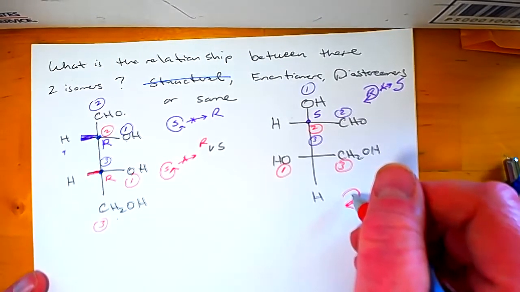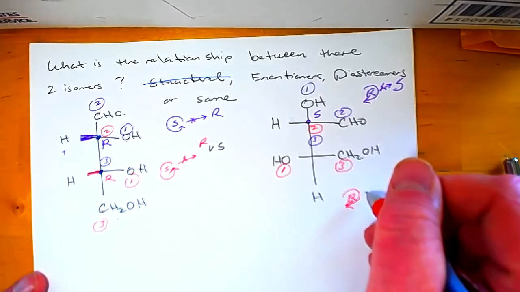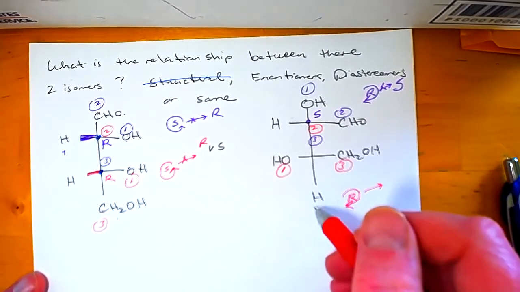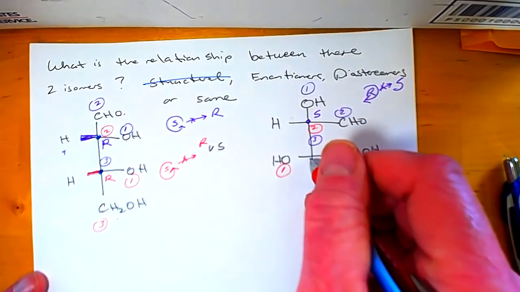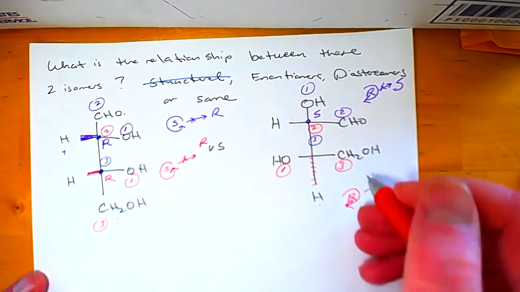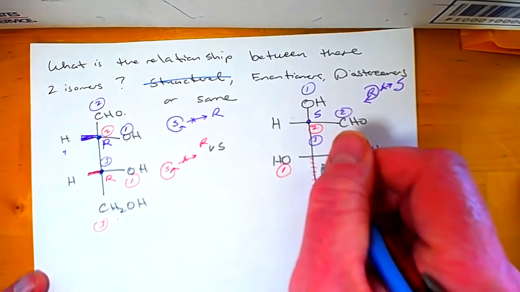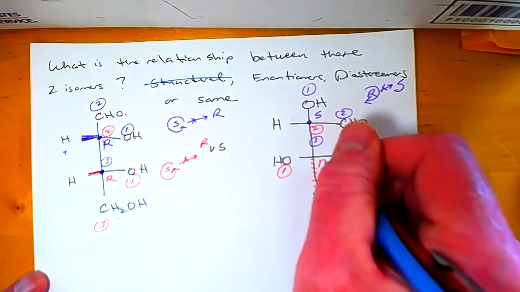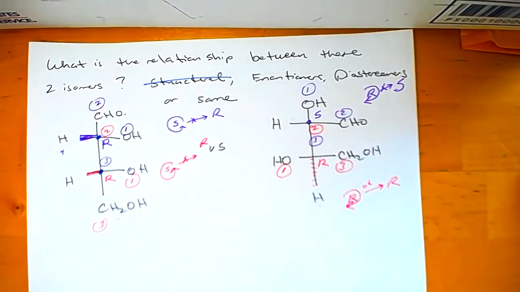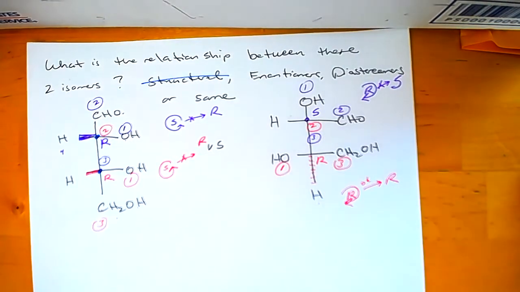So you're thinking that is R, and now the hydrogen atom is pointing away down here, so we're going to leave that as R. So I now know what I'm dealing with. I've got an RR versus an SR.